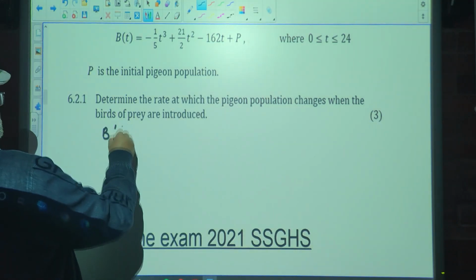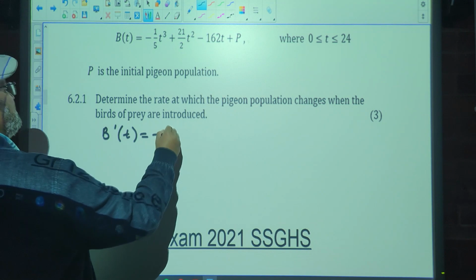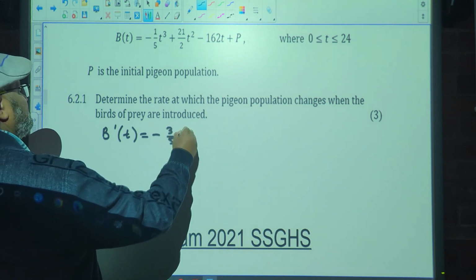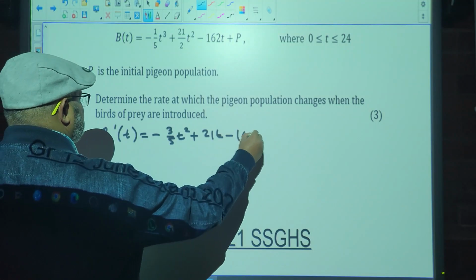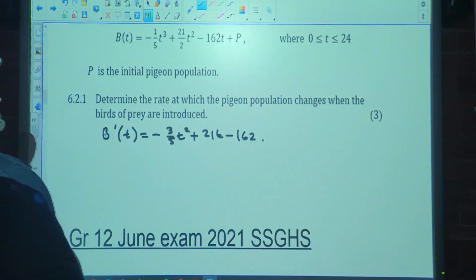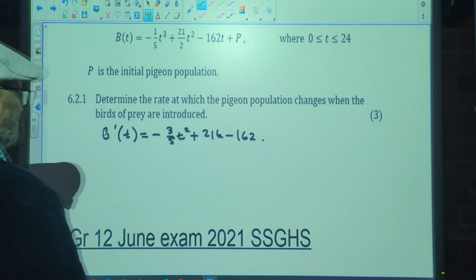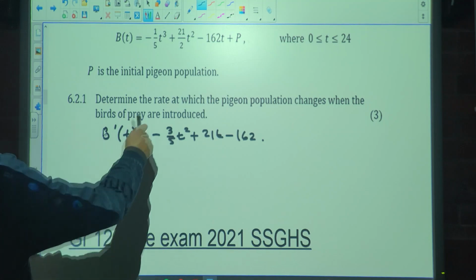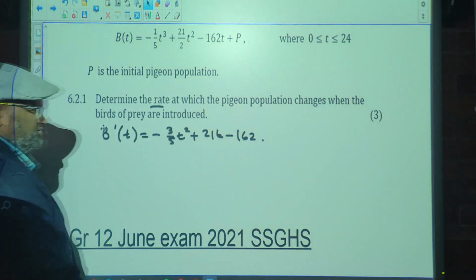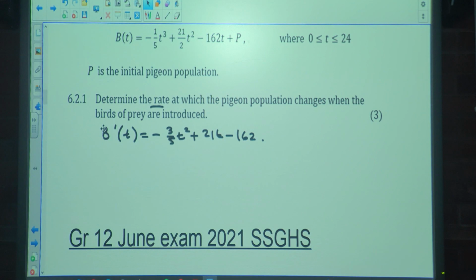So P dash t is equal to negative 3 over 5 t squared plus 21t minus 162. So the rate is the first derivative, and the rate of change of the rate is of course the second derivative.